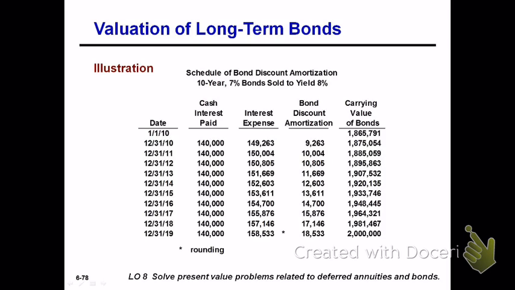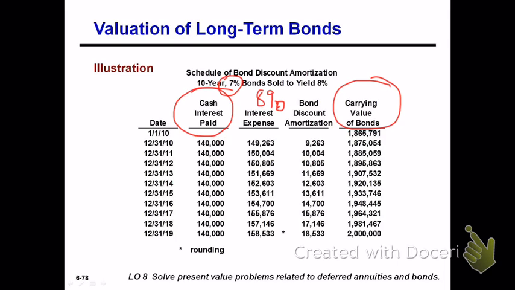Once you have this bond, we have to create a schedule to show the effective interest method of allocating the interest. So as we did with the zero interest bonds, we have the current carrying value. We have the cash payment, so that's based on the 7%. And we have the interest expense, which is based on the 8% or the discount.